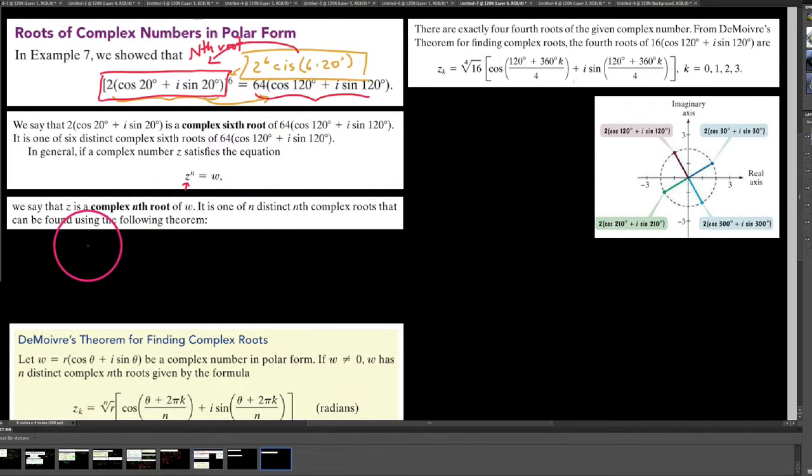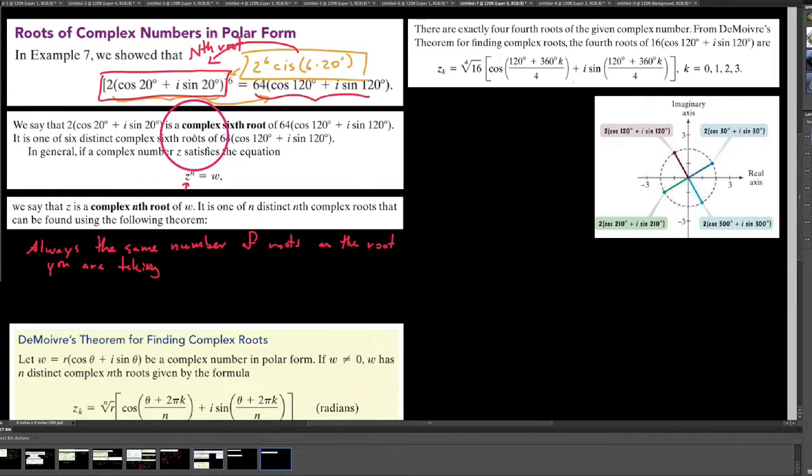One thing that we want to basically mention here in this video is that there are always the same number of roots as the root you are taking. And what I mean to say there is that if we're going to take a cube root, then that means that we have to have exactly 3 cube roots. And if we're going to take a 5th root, we have to have exactly 5 5th roots.